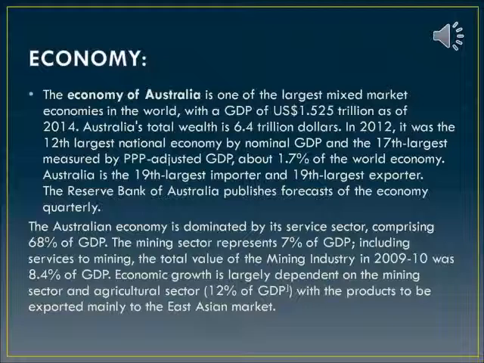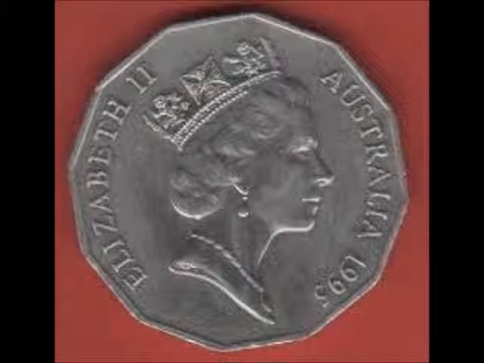In 2012, it was the 12th largest national economy by nominal GDP and the 17th largest measured by PPP-adjusted GDP, about 1.7% of the world economy. Australia is the 19th largest importer and 19th largest exporter. The Reserve Bank of Australia publishes forecasts of the economy quarterly.